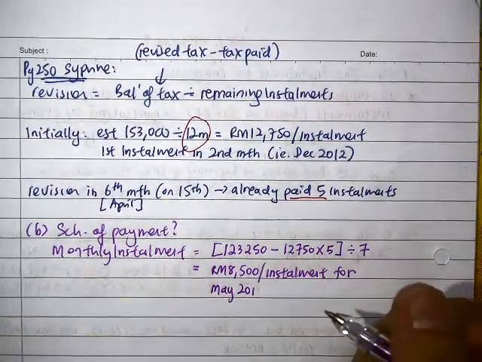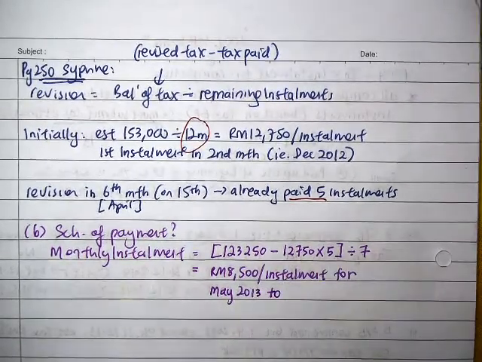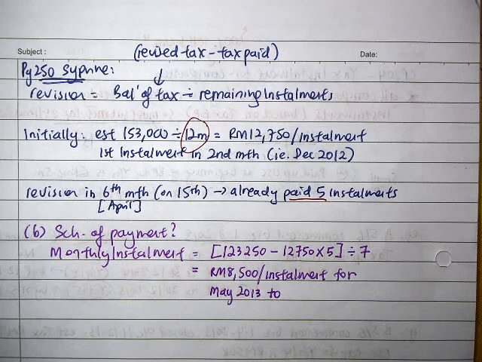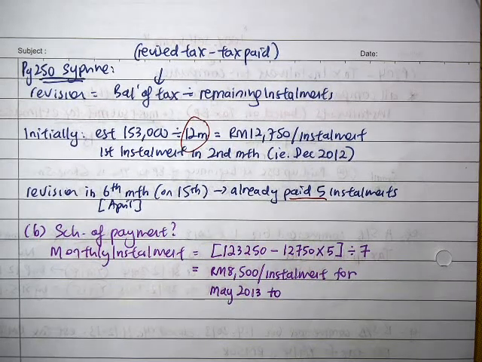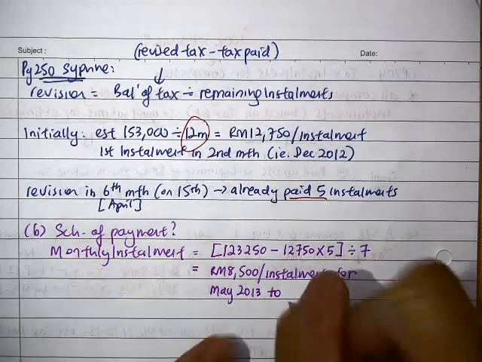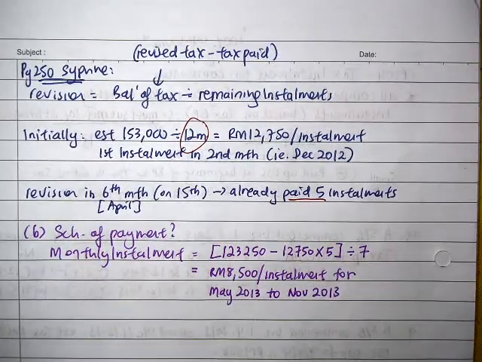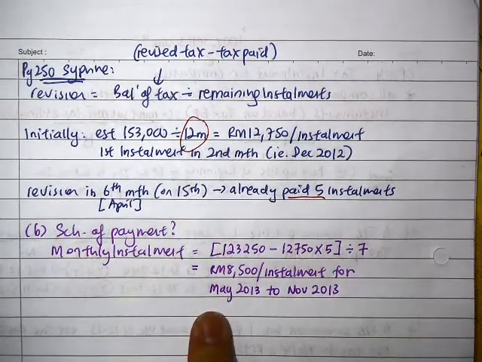May 2013 until 5, 6, 7, 8, 9, 10, 11, November 2013. Now that's why it's all continuous.